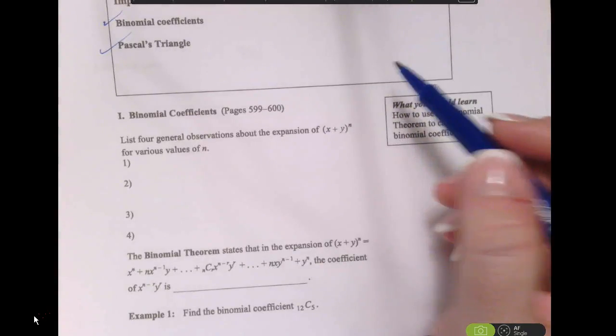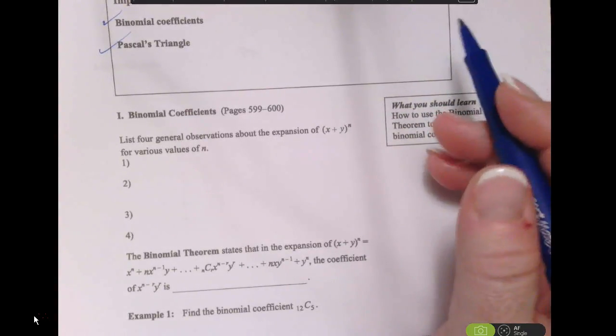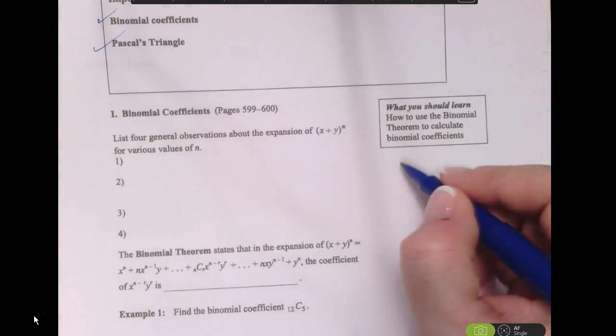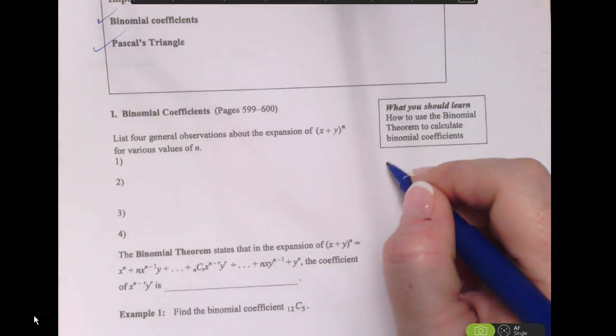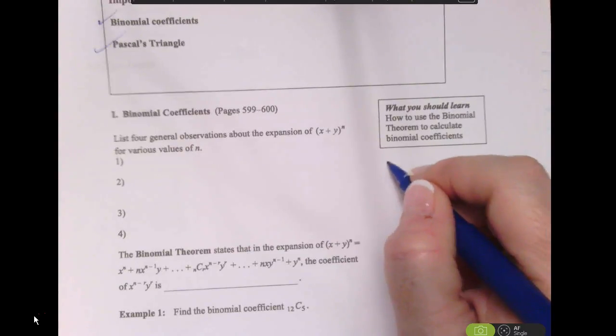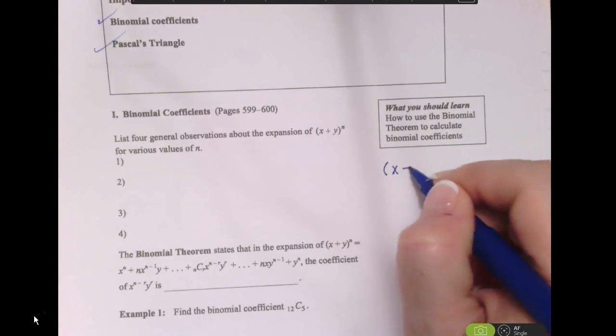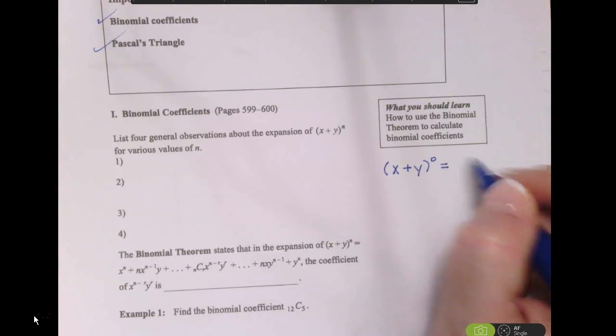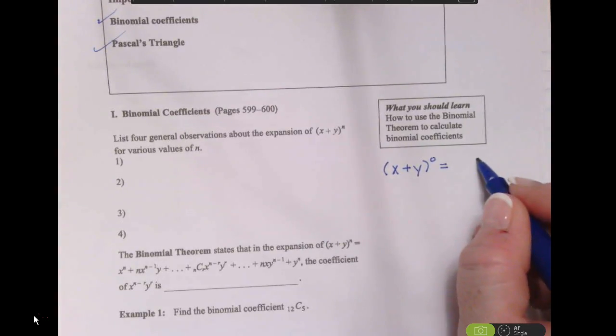And I want to talk about what a binomial expansion means and what binomial coefficients are. So to do that, I'm going to go out to the side here. And if I've got a binomial and I want to take it to the 0 power, that is going to be equal to 1.